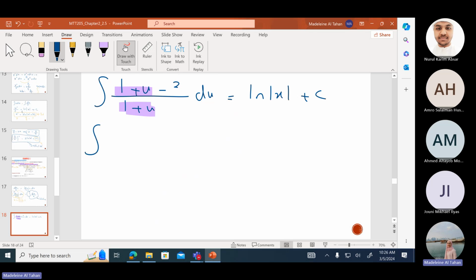What will we get now? The integral of (1 plus u) over (1 plus u) minus 2 over (1 plus u) du is equal to ln absolute x plus constant, right? That side will be more. This one is already what? 1. What's the integral of 1? u.